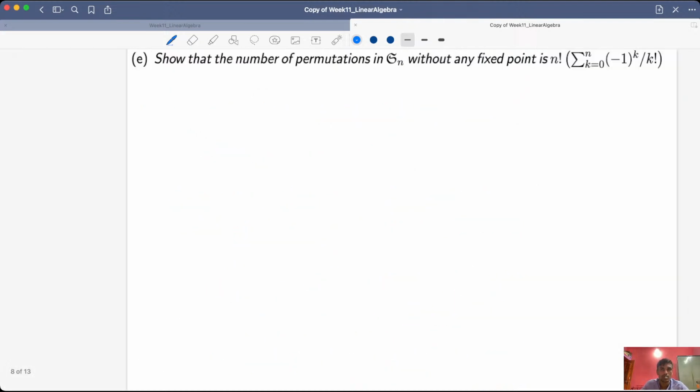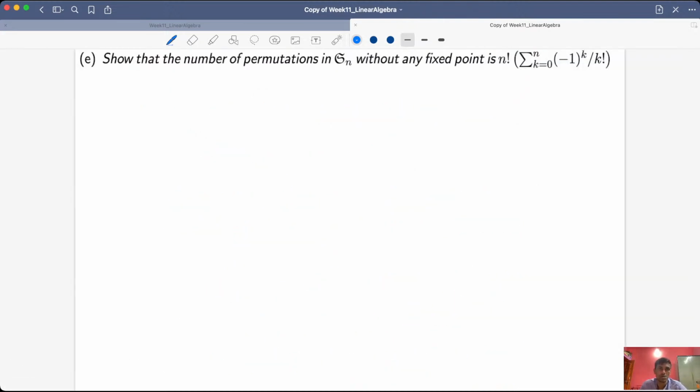So next one is again you need to find the number of permutations in Sn without any fixed point. So here the process is you can use the principle of inclusion-exclusion.